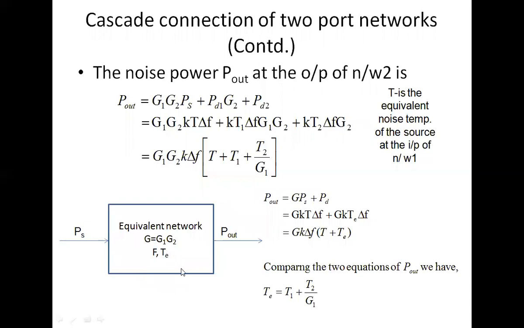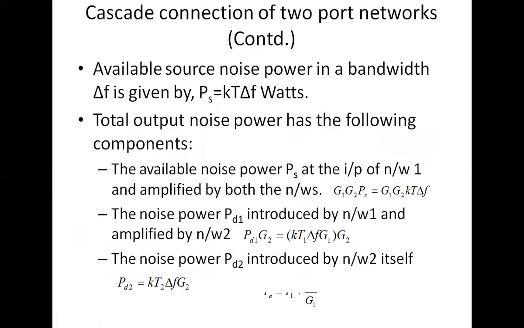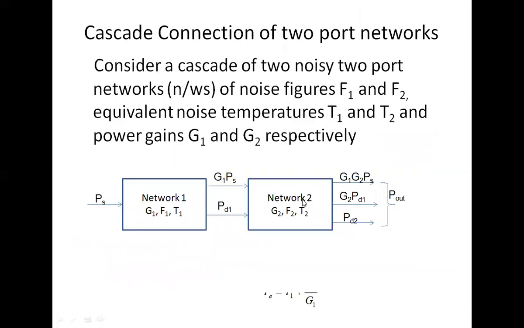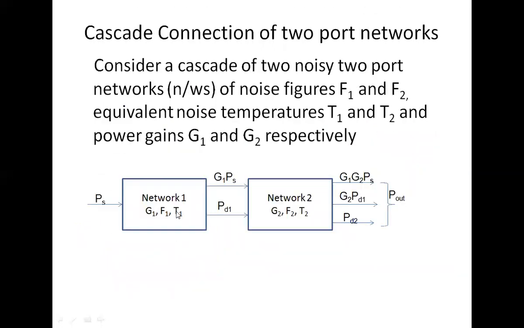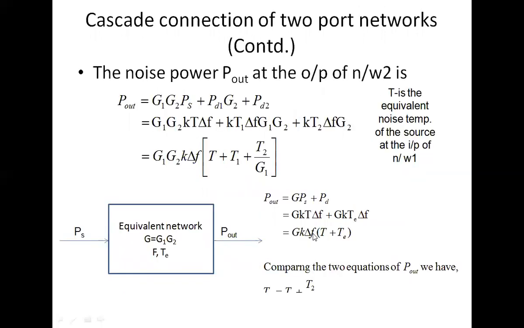How is this related to T1 and T2? I'll repeat: the overall noise figure F in terms of individual noise figures F1, F2, and the overall noise equivalent temperature TE in terms of individual noise equivalent temperatures T1 and T2. So we are trying to derive a relationship between those.